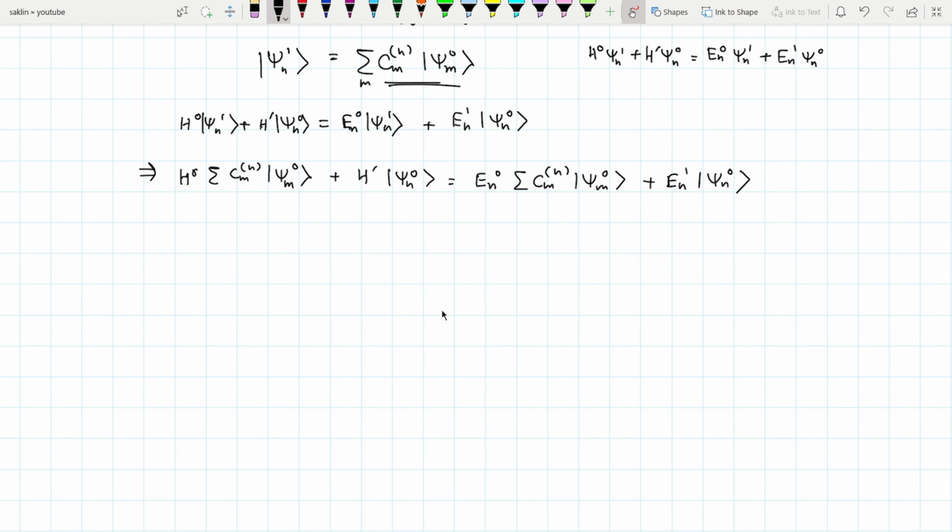Now for our calculation, here I will operate a function in the state like this. Okay, for our calculation.